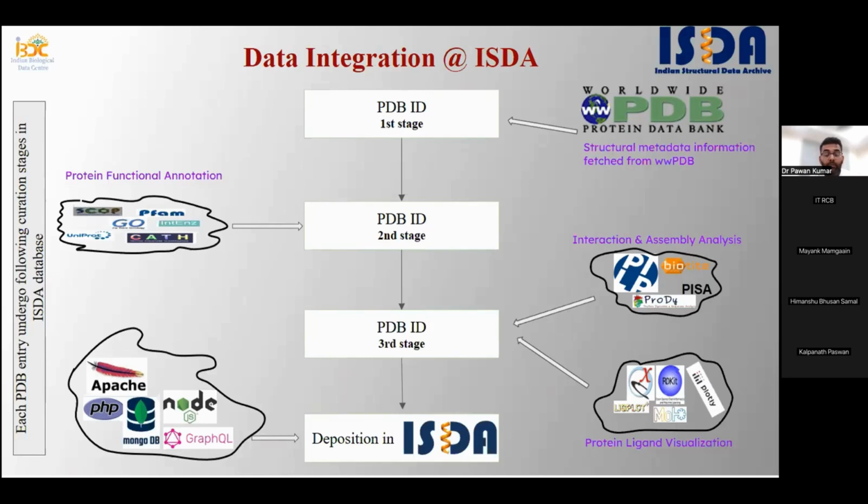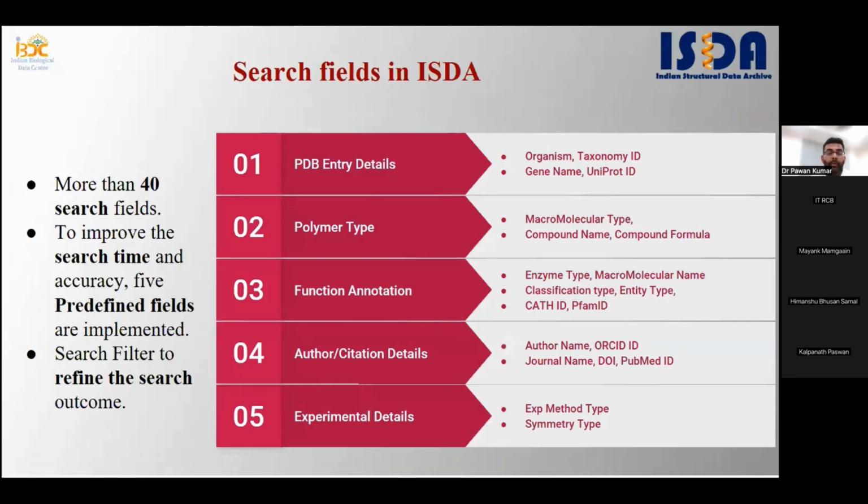And to serve all this information from the backend to the user, we employed Node.js and GraphQL and a MongoDB database to store all the ISDA information. Now, it's very relevant when we have a large number of fields to search, so that we can explore the database from very different perspectives.